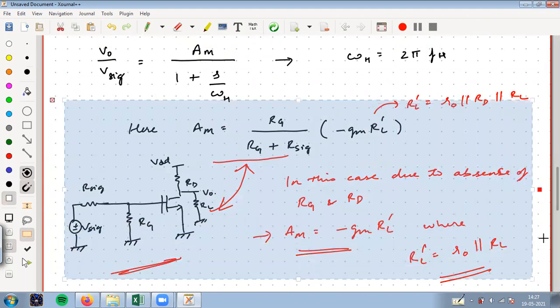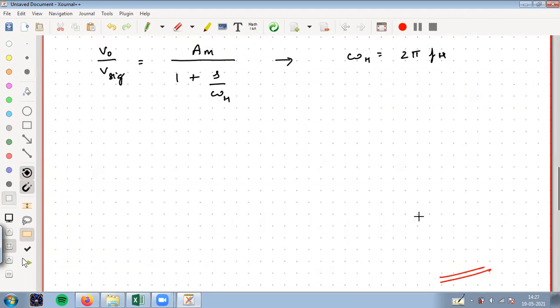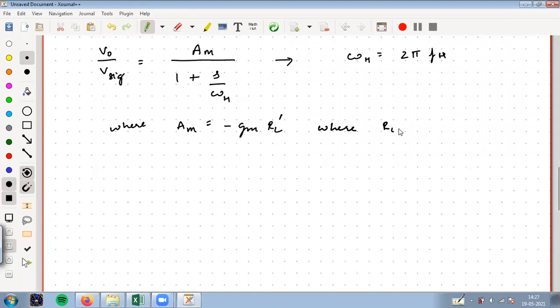Delete all this. So AM is minus GM into RL prime, where RL prime is R naught parallel RL.